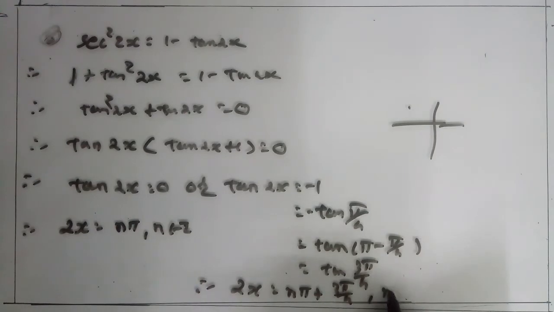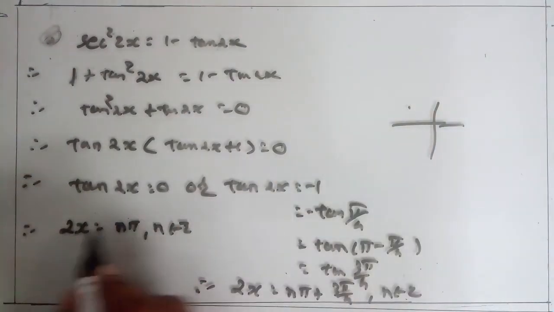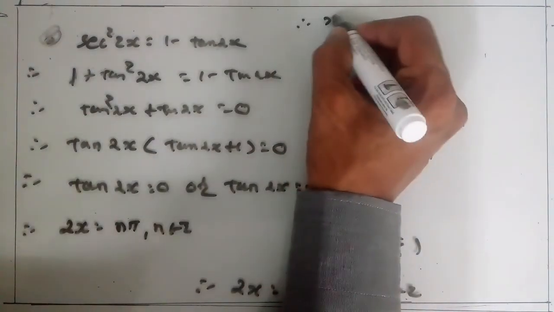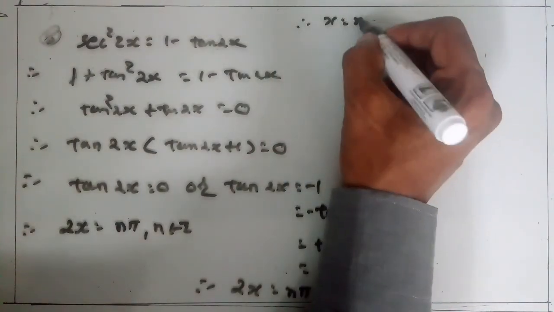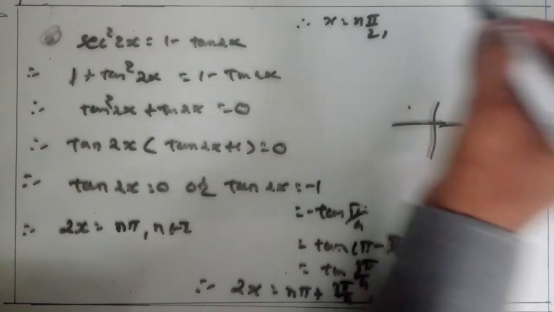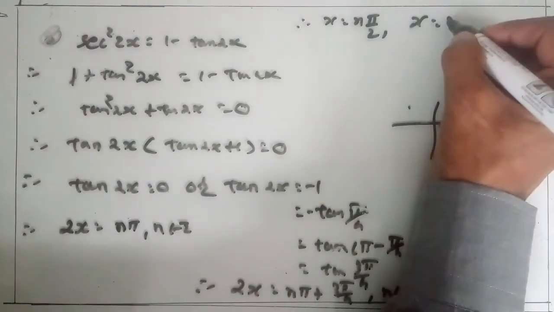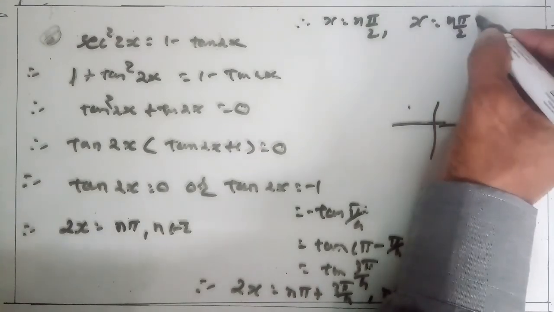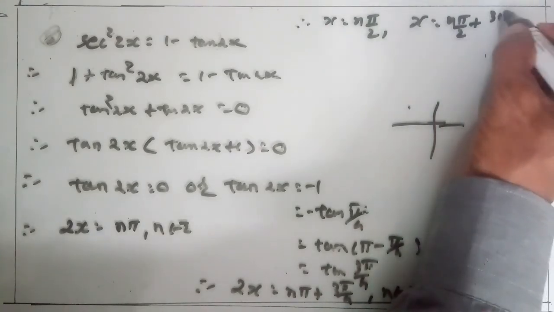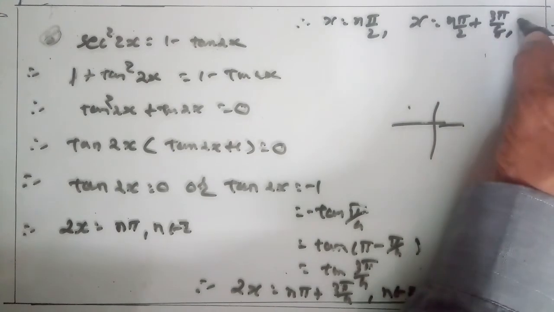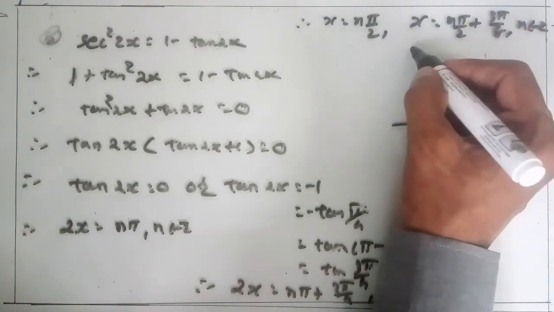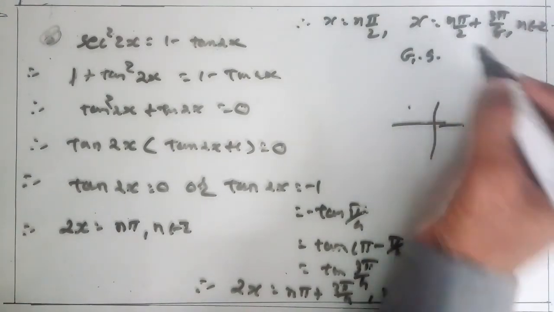Clear? n belongs to z. Now dividing by 2, here also dividing by 2, we get x is equal to n pi upon 2, and from the second, x is equal to n pi upon 2 plus 3 pi upon 8, n belongs to z, becomes the general solution. Clear?